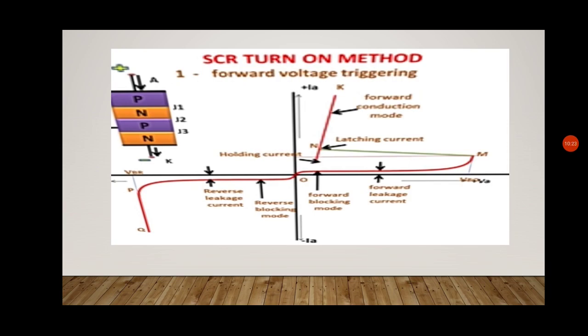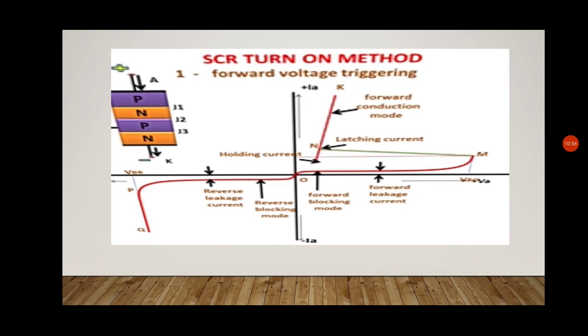That is, whenever anode is made positive with respect to cathode, junction J2 will be reverse biased and J1 and J3 are forward biased. But as we keep on increasing the positive voltage across the anode, at a certain point J2 will go into avalanche breakdown, and there will be a huge amount of current flowing through the SCR.